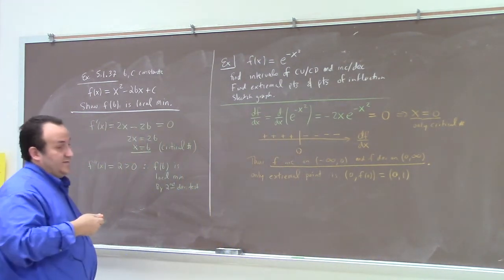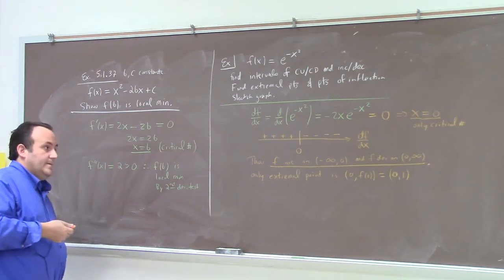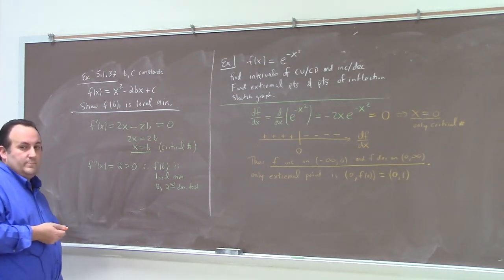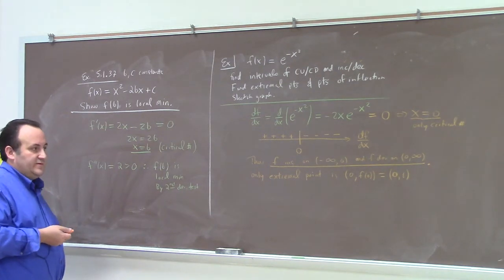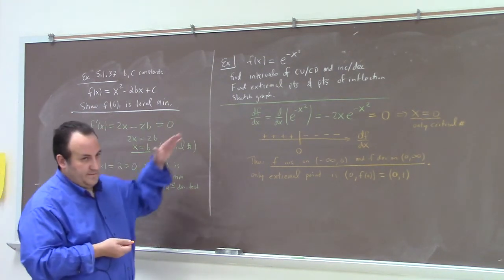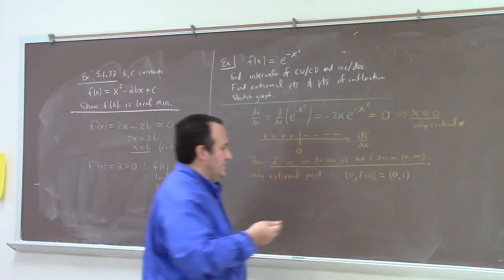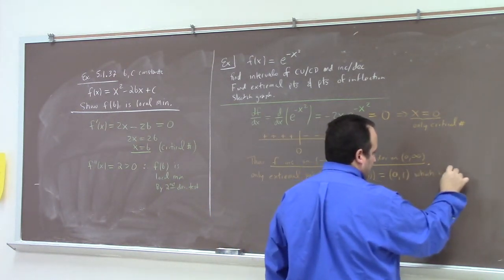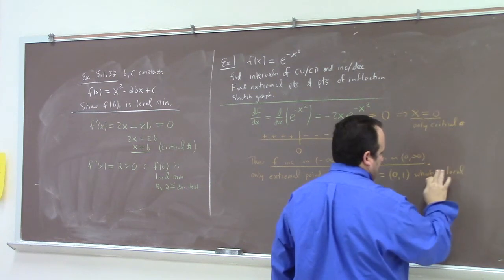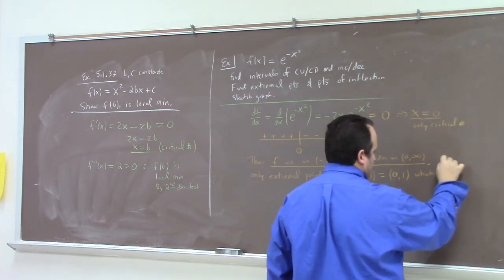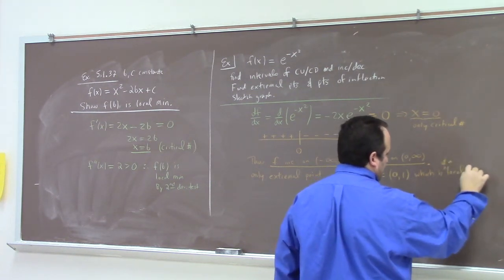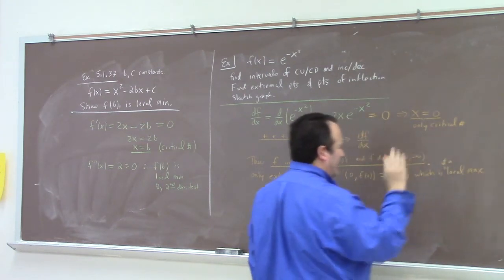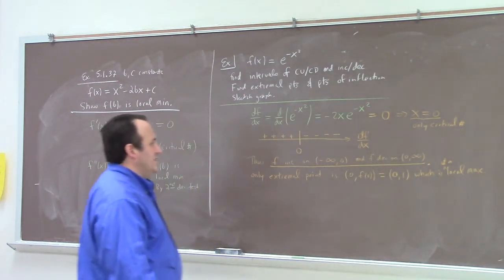Is that a local max or min? Well, look at the sign chart. By the first derivative test, we're going up, we're going down again, which is a local maximum. You could say it is a local maximum, I don't really care that much.